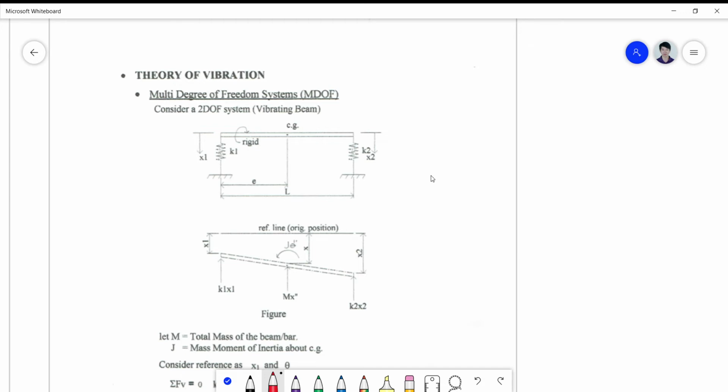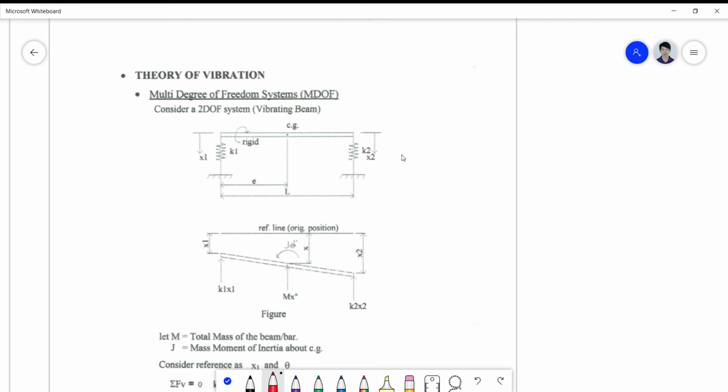But since the response or the coordinate at each end, as defined by the spring stiffness K1 and K2, are independent of each other, the system can now be tagged as a multi-degree of freedom system, or specifically a 2-degree of freedom system.